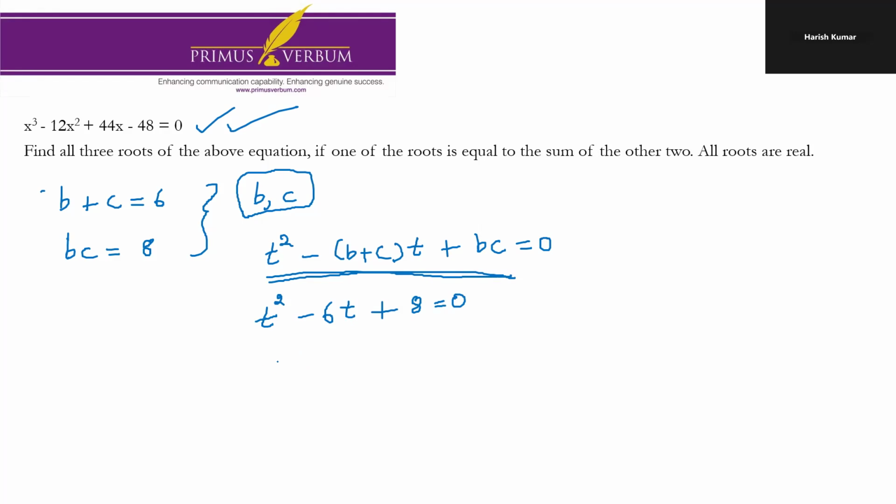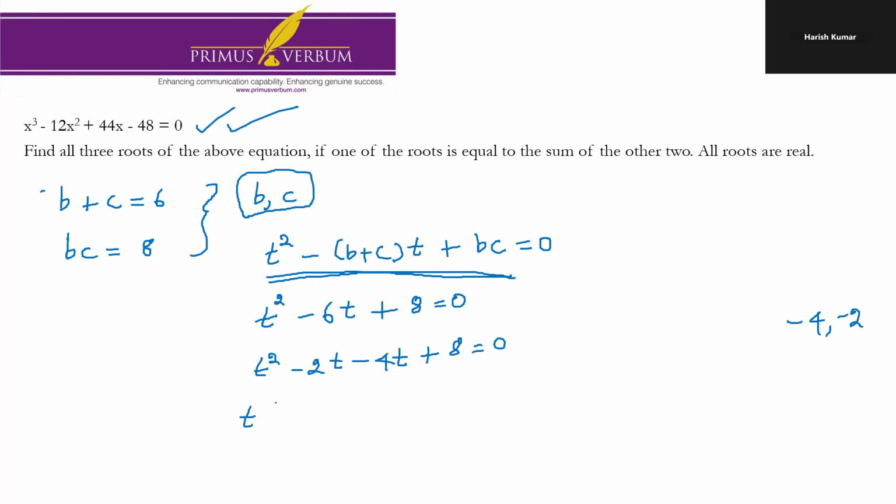I just need two numbers that will add up to be the coefficient of the linear term, and multiply to be the constant term. So those two numbers in this case are basically minus 4 and minus 2. So obvious. So basically t square minus 2t minus 4t, I'm expanding the linear term, plus 8 is equal to 0.